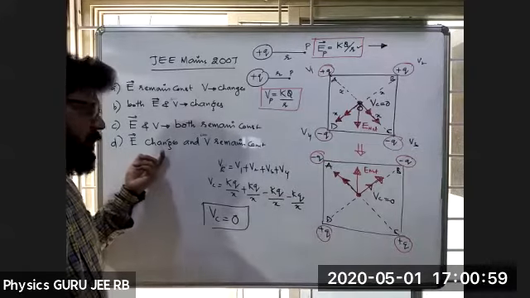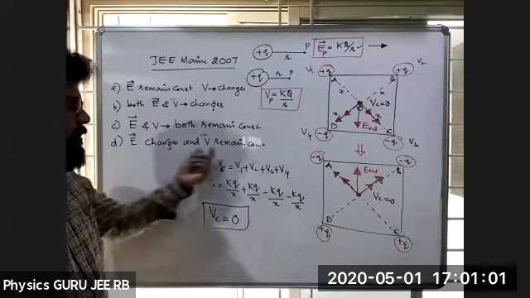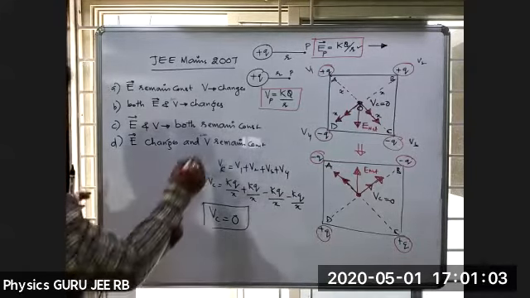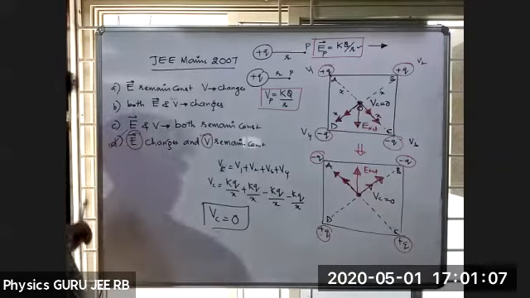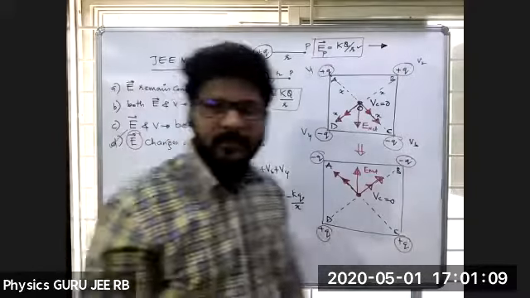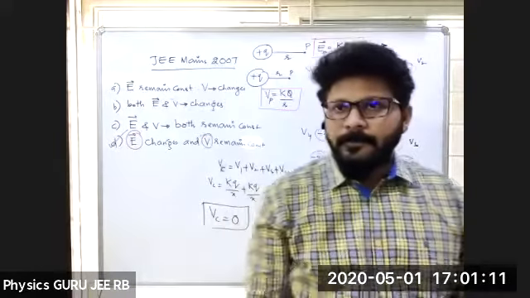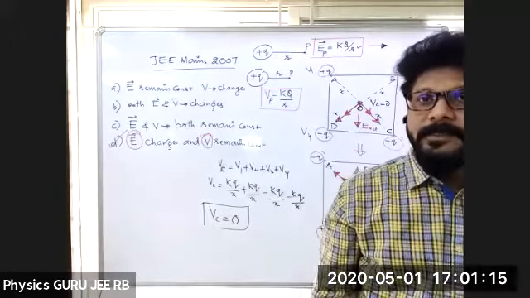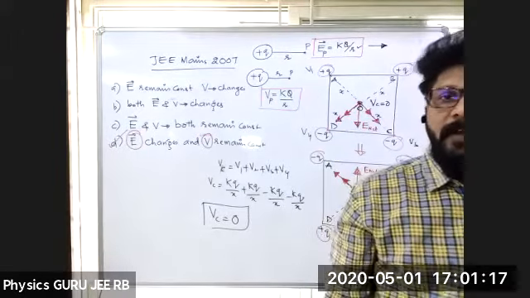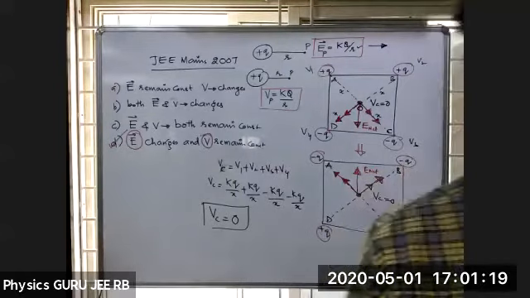So E changes and V remains constant. V remains constant at the center and E changes. Is it clear, all of you? Hope it is clear. If you have any doubts, let me know.